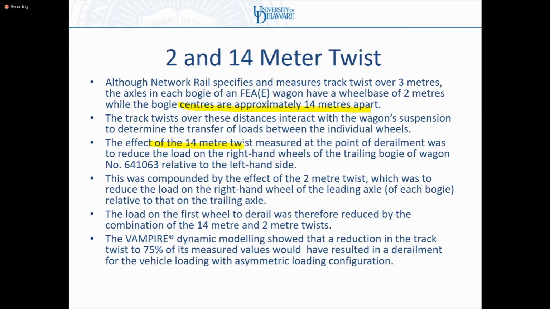The back bogie was going to the left, and so you were actually twisting the vehicle, which results in an unloading. And in fact, dynamic modeling of this particular case showed that the twist reduced the dynamic force levels and resulted in an unloading.